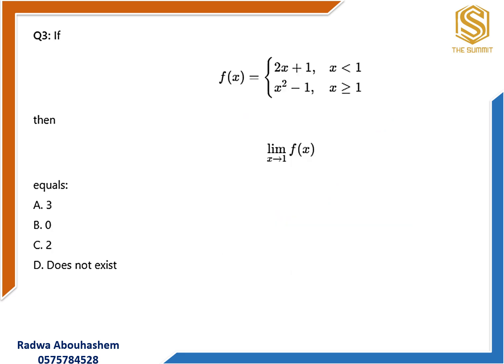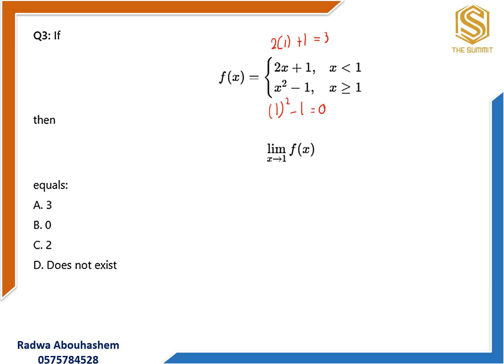Now, this function of x is a kind of piecewise function, which means that you have the function in parts. Here, I'm trying to examine the limit of the function of x when x approaches 1. So I have to substitute also here. 2 times 1 plus 1 gives me 3. And 1 to the power 2 minus 1 gives me 0.